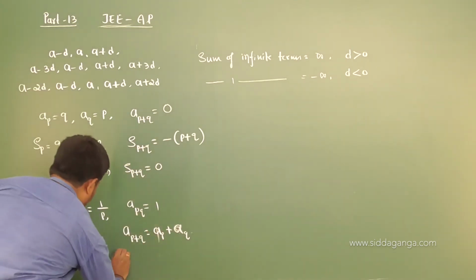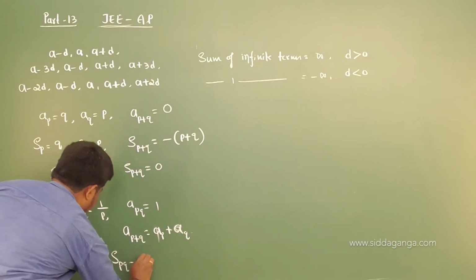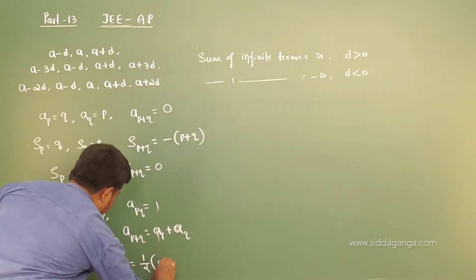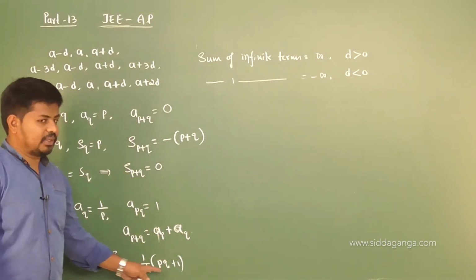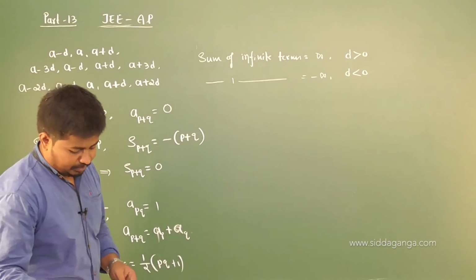And the sum of pq terms will be equal to half into (pq plus 1). This is also an important result.